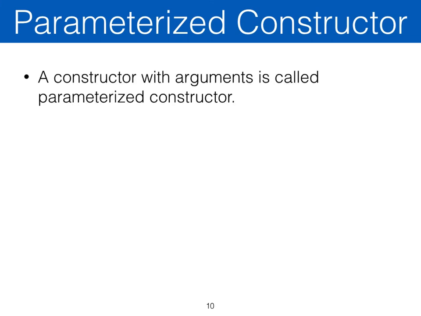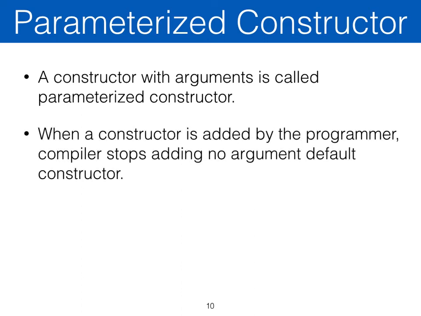Parameterized constructor: a constructor with arguments is called parameterized constructor. When a constructor is added by the programmer, compiler stops adding the no argument default constructor. The second point is true about any kind of constructor, whether it is parameterized or non-parameterized.